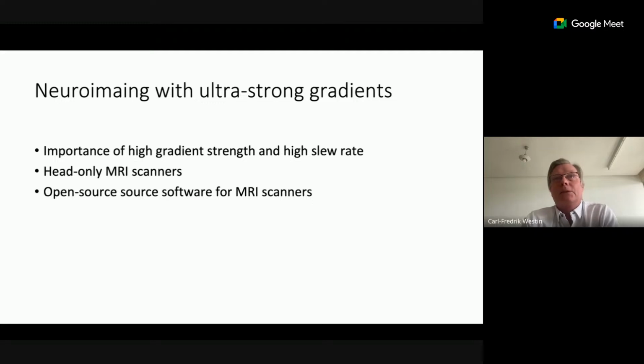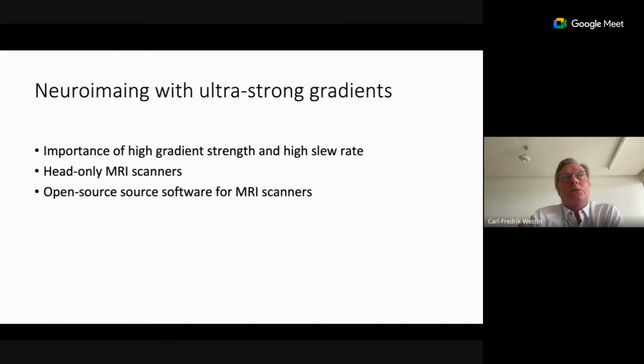Another thing I'm going to talk about is the trend from normal full-body MRI scanners to head-only scanners, to get even higher resolution imaging, because now the hardware is not limiting us anymore. It's actually the nerve stimulation. So I'm going to talk about that too. We have to move to head-only scanners.